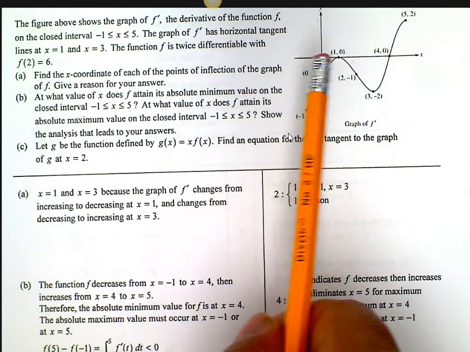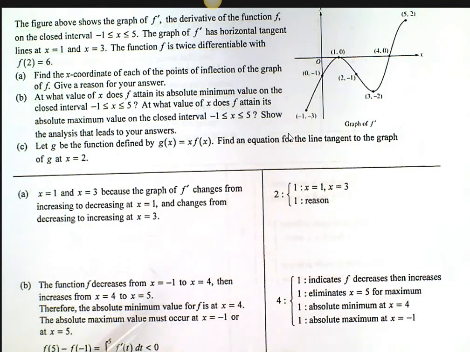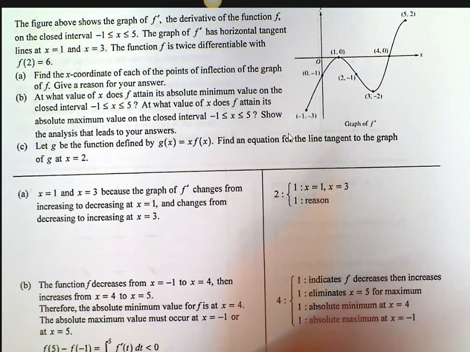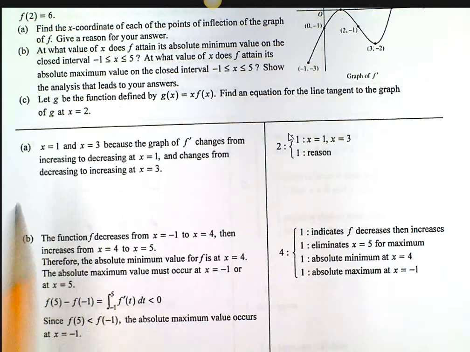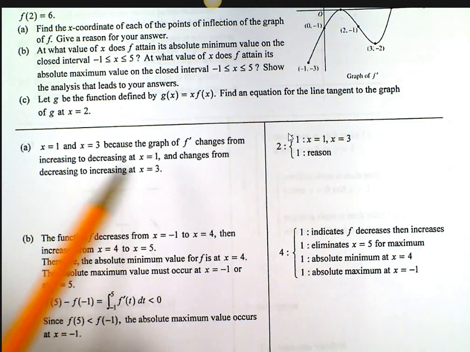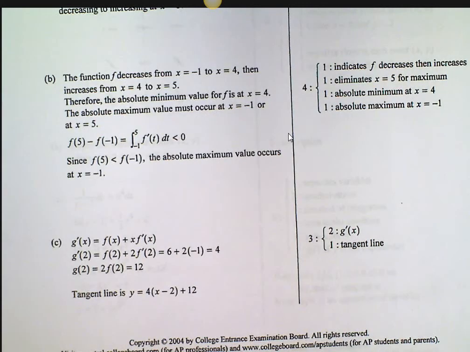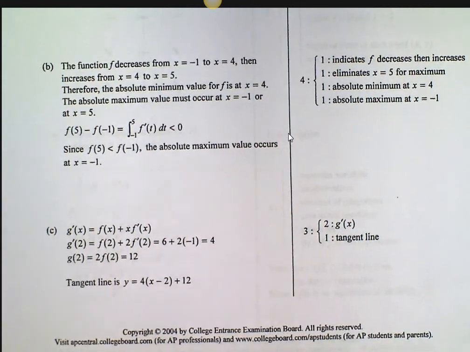Once, twice, right? X equals 1, x equals 3. And your reason, I think our reason was the slope changed signs.